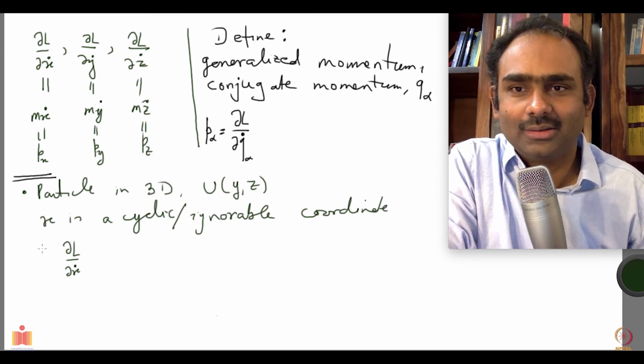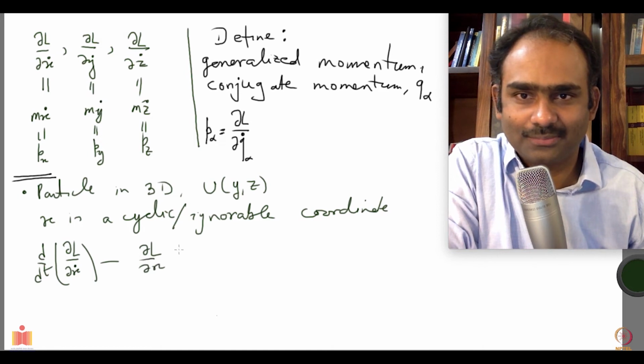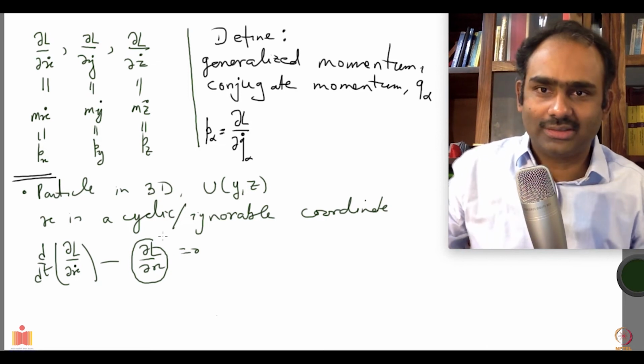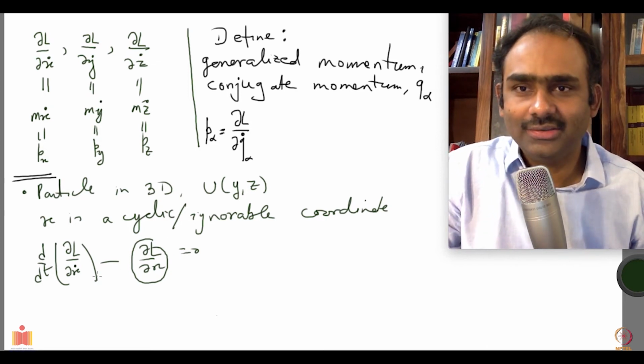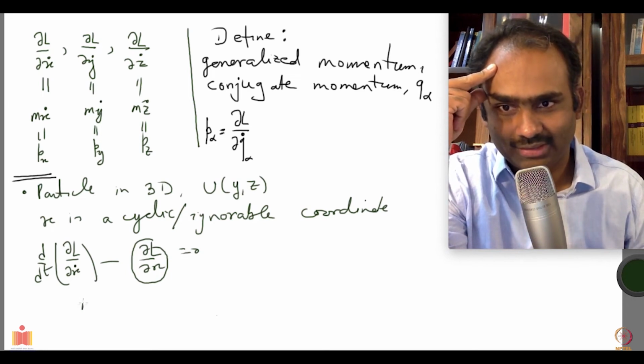And why is it going to be conserved? For this reason, which we have already seen: del L over del x is 0 because there is no x here. So this is conserved, and del L over del x dot is m x dot.